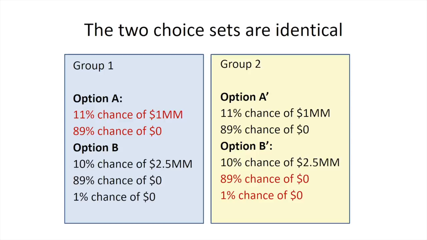So the two choice sets were identical, yet on the left-hand side, the blue box, people were picking option A, whereas on the right-hand side, they were picking option B. This was a violation of the axioms of rational choice.